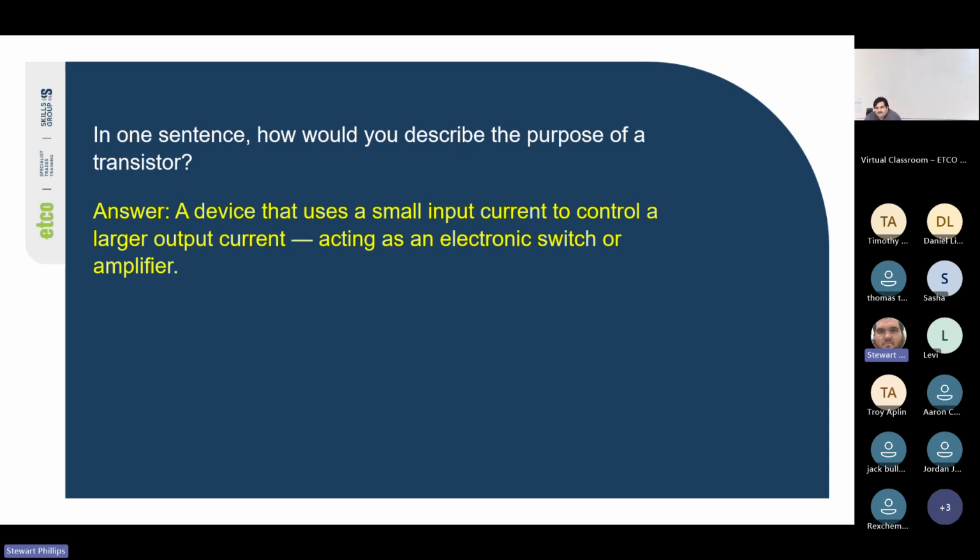Okay, so it is a device that uses a small input current to control a larger output current, acting as an electronic switch or amplifier.